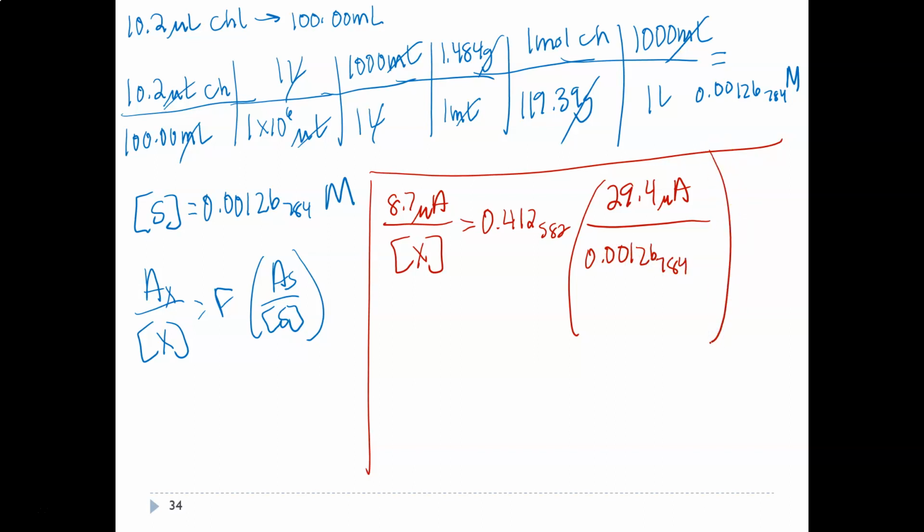We can use our calculators to solve for everything on the right-hand side, use algebra to solve for X. So the value of X, I put it in scientific notation, but 9.1 times 10 to the negative fourth molarity, or 0.00091 molarity. It didn't ask for a specific unit, it just said concentration. So you could have done this in like millimolarity if you wanted. You could have done it in a different unit, but it needed to be in some version of molarity.